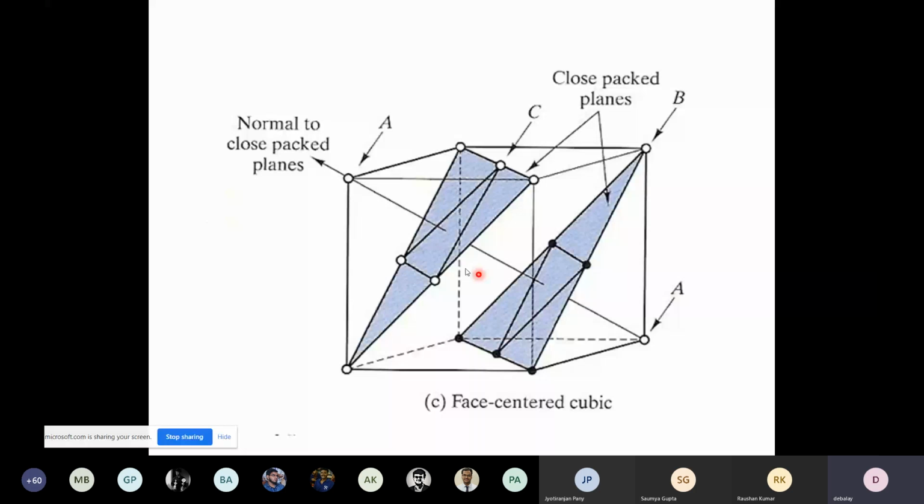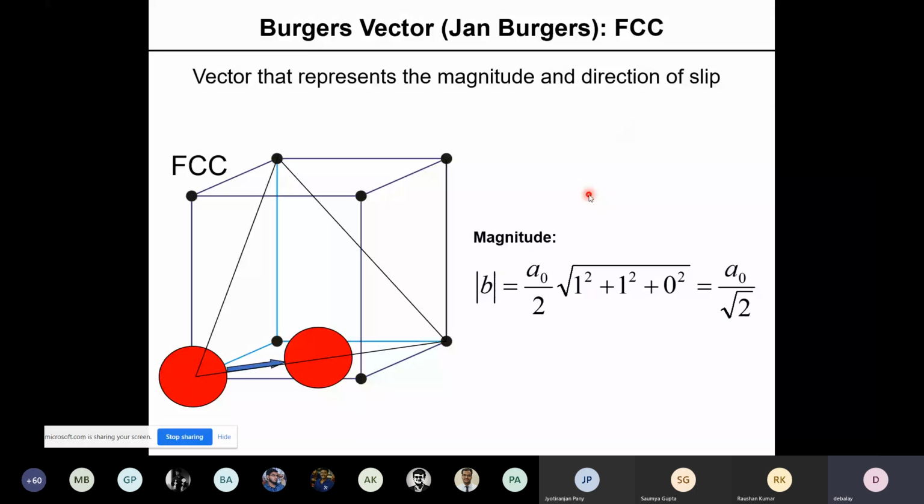Burgers vector in FCC. Unit movement. What does the Burgers vector represent? A perfect unit dislocation movement. So to move an atom one unit, what do you have to do? You have to push the corner atom to the face center, to the next corner, right?